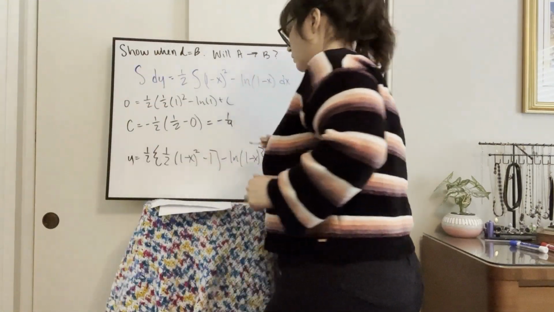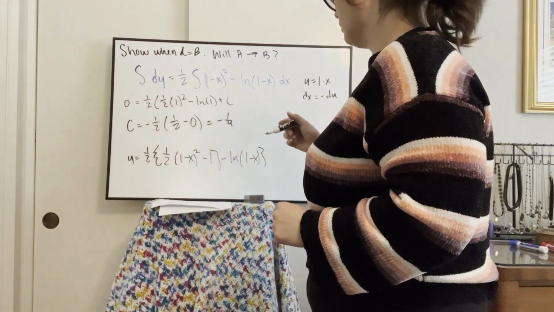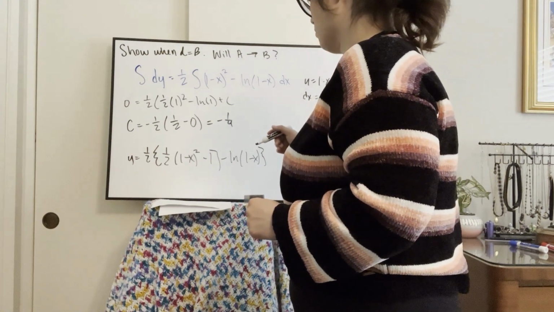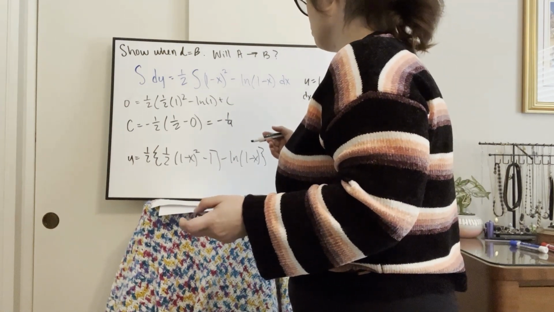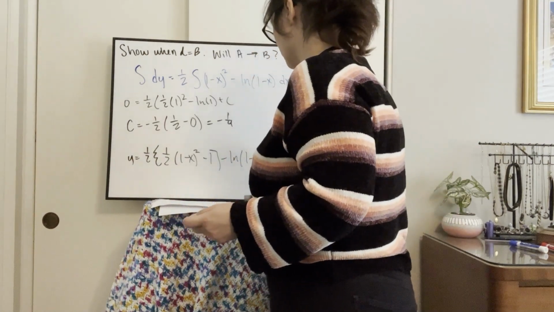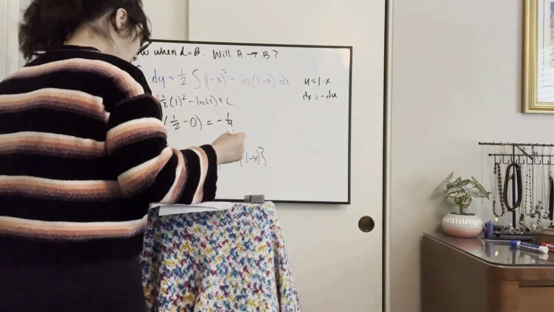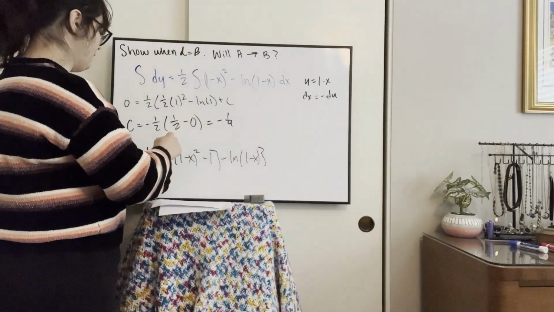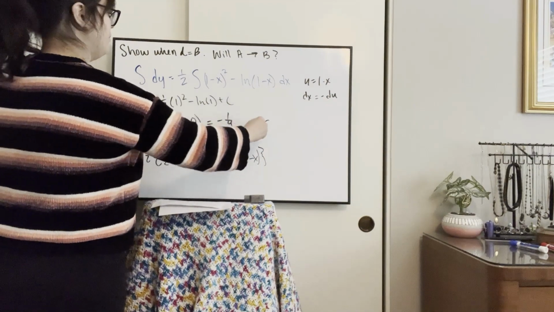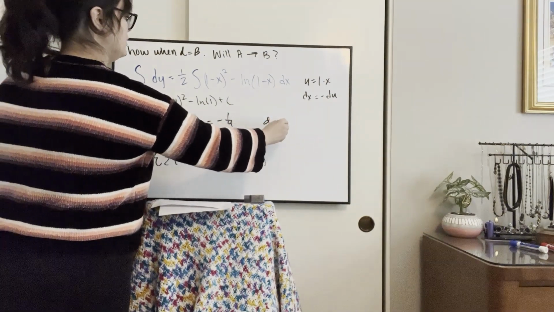And then as we can see from here, when x is equal to 0, y also has to be 0. So when x equals 1, alpha equals beta, y is going to be shooting to infinity. So this is just never going to happen.